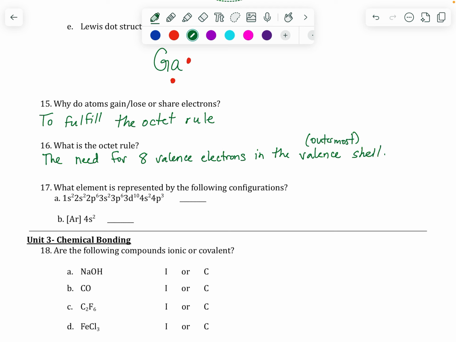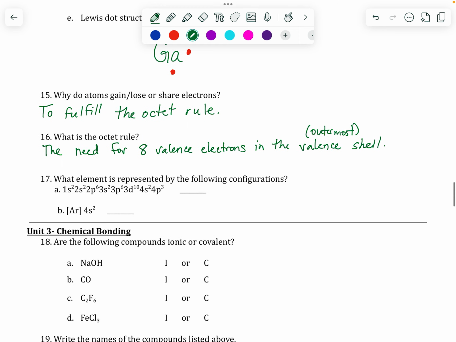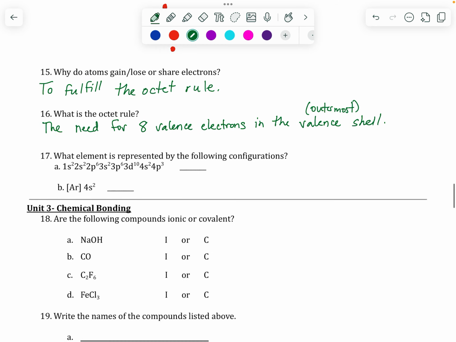All right, and so based on whether or not these atoms have close to 8 electrons one way or another, they're either going to gain electrons to form ions, lose electrons to form ions, or they start to bond, which we're going to talk about next unit, in order to achieve the 8 valence electrons, which represents a full outer shell.